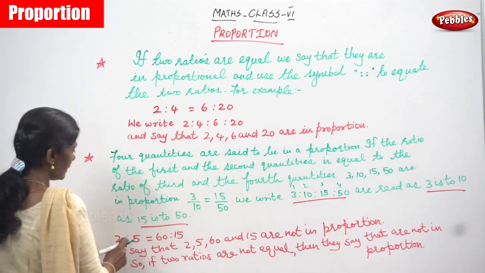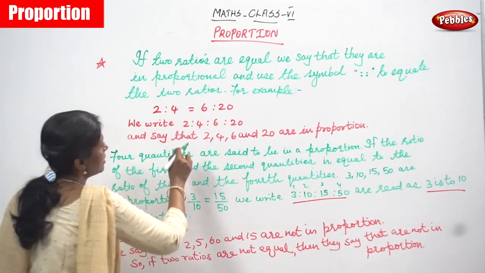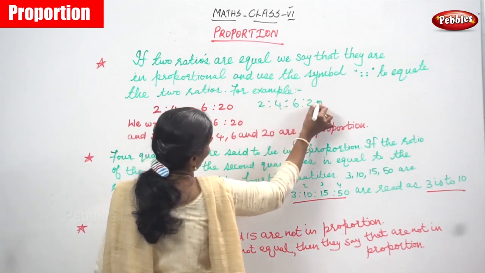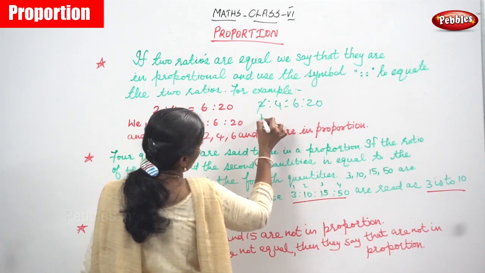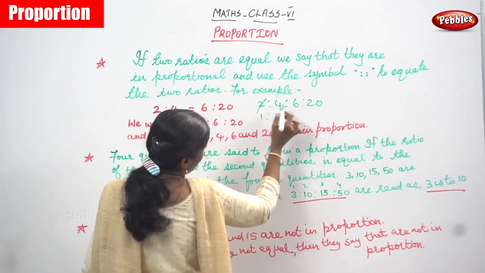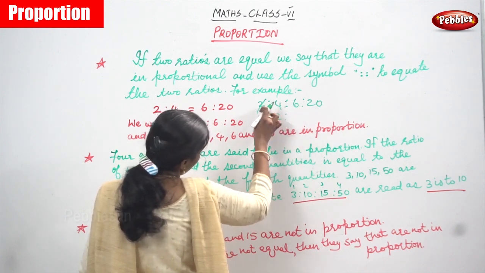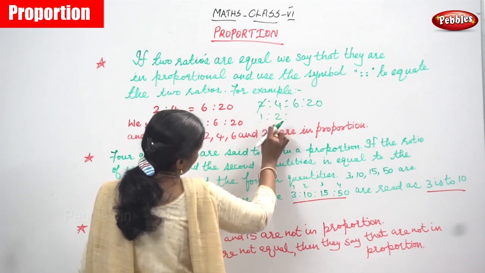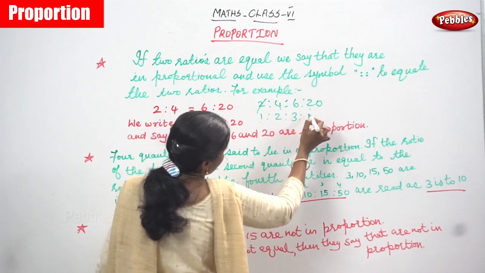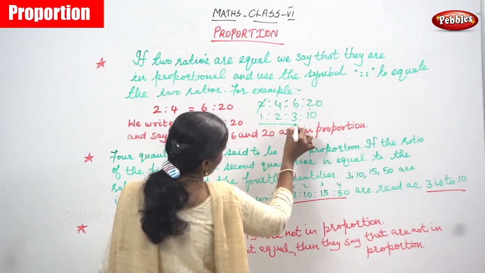See, the first one is 2 is to 4 and 6 is to 20. You can cancel the numbers. 2 divided by 2 gives 1, 4 divided by 2 gives 2, 6 divided by 2 gives 3, and 20 divided by 2 gives 10. So you get 1 is to 2 and 3 is to 10.